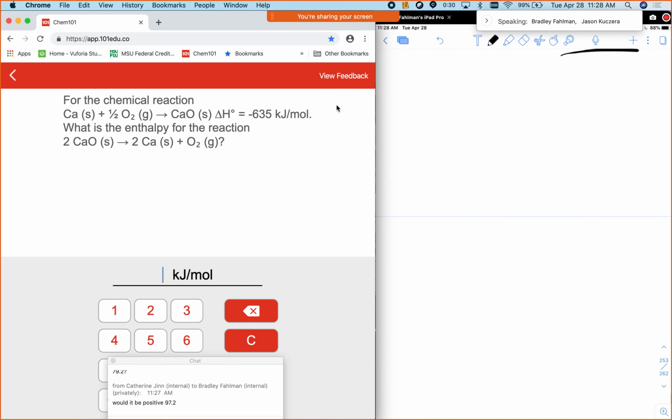Oftentimes you'll have to do both of those operations, right? So if you're given this one, how do we get this? What operation or operations are you doing? First off, are you flipping it?